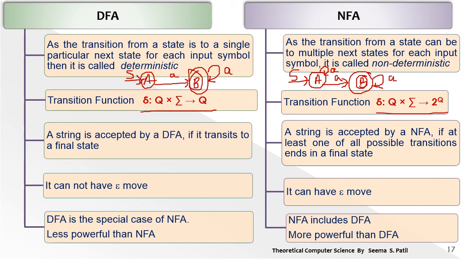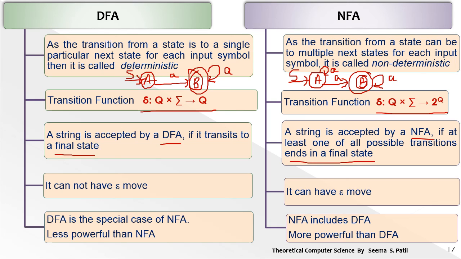In DFA, a string is accepted by DFA if it transits to a final state. And in NFA, a string is accepted by NFA if at least one of all possible transitions ends in a final state. In DFA, you must get all the paths in final state. But in NFA, any one final state is allowed.